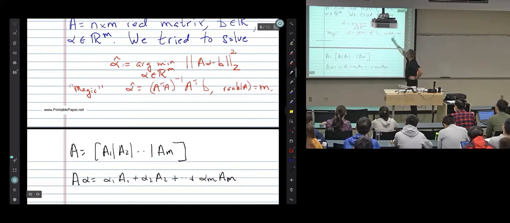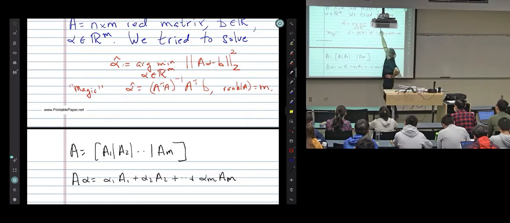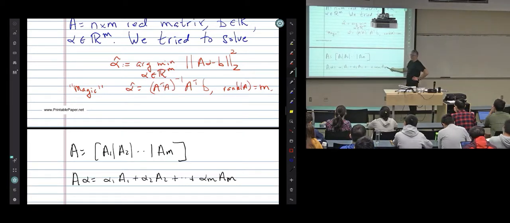What I want to emphasize here is we really didn't approach the problem from fundamentals, because we're trying to find the best approximation of B, the right-hand side of the equation, by the column span of A. So that's where we need to set up the problem.